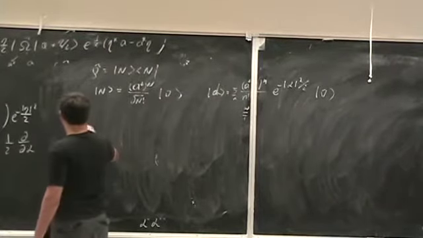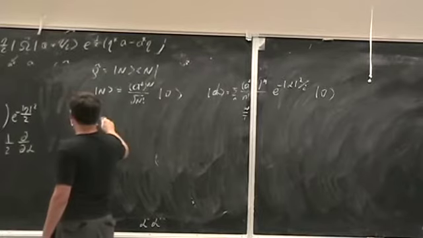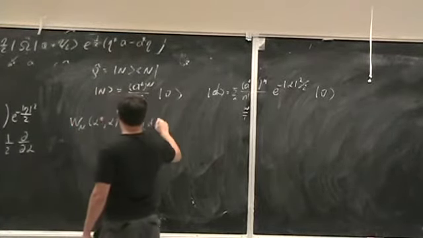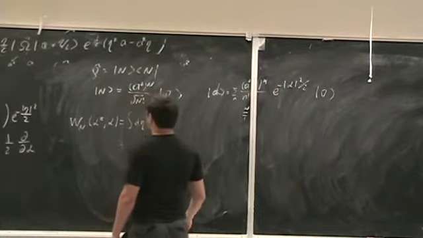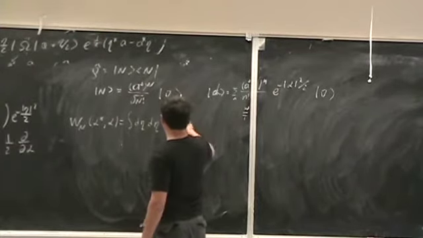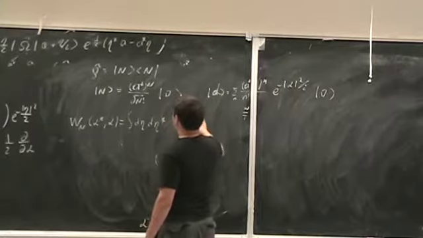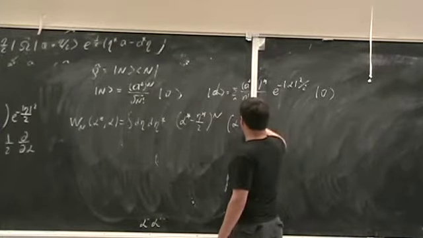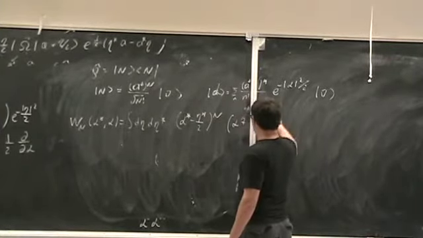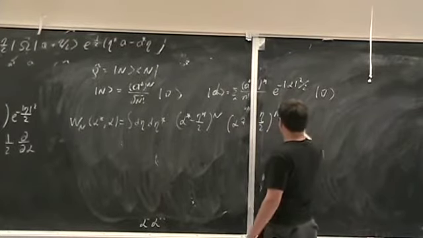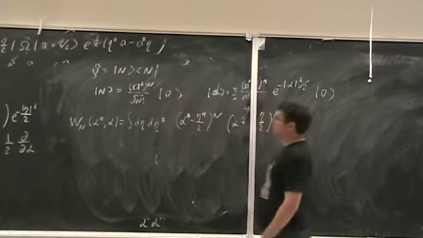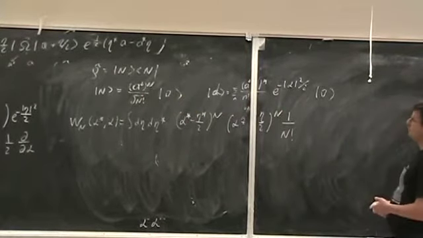So now, the Wigner function for the state with n particles, we just integrate over d eta star. And here I will have alpha star minus beta star over 2 power n times alpha plus beta over 2 power n. I have 1 over n factorial. I get square root of n factorial from one overlap, and square root of n factorial from the other overlap.